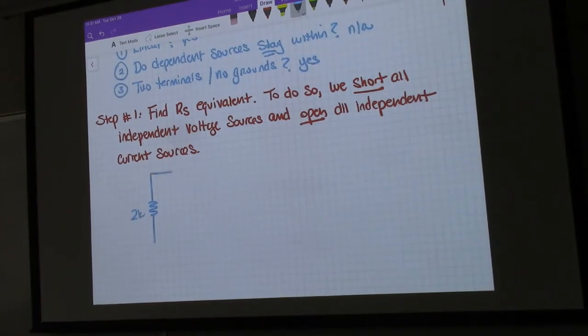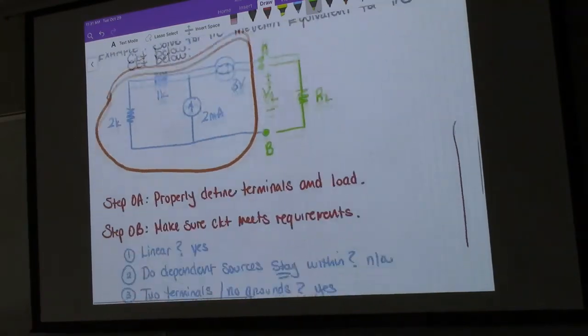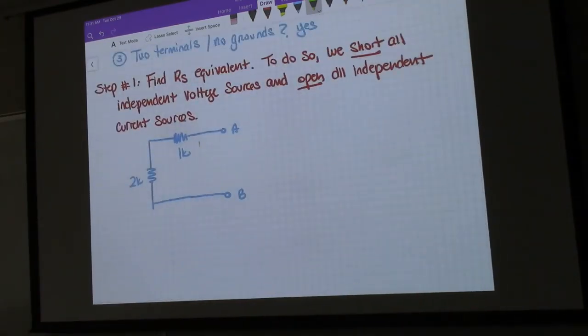2K. And those are where our sources were.